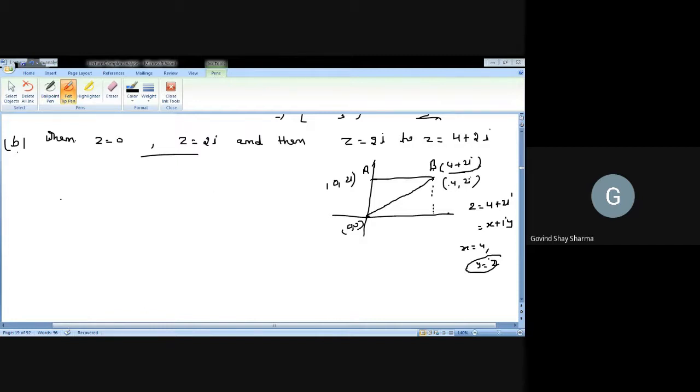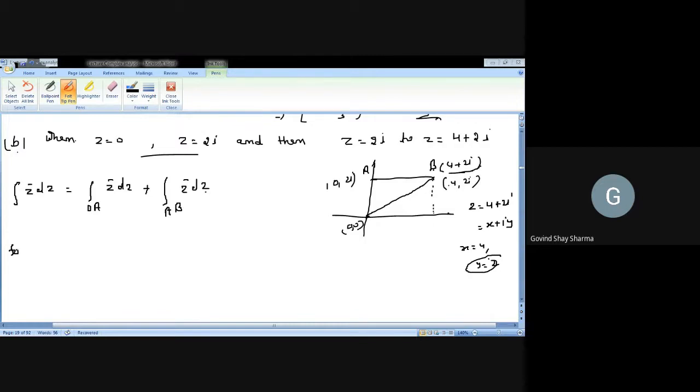Now we have to find the integral of z bar dz. This is the integral over OA of z bar dz plus the integral over AB. Now for OA, we first discuss OA. For OA, x varies from 0 to 0.